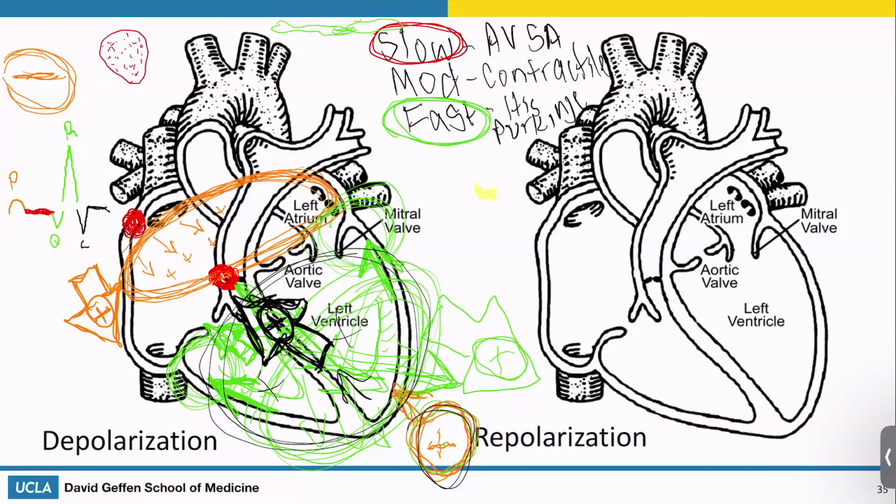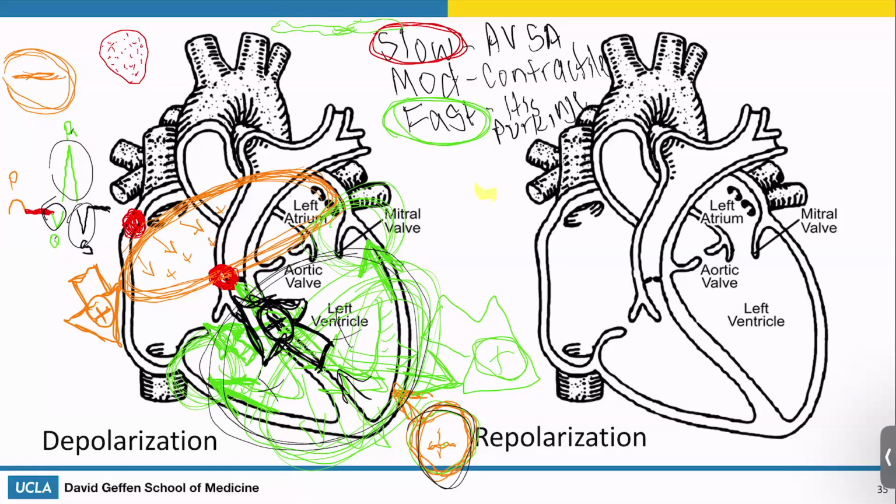Sorry, I forgot to write that: this is our S wave. So now guess what we have? QRS. This whole complex is our QRS complex. It has our septal, major ventricular, and basilar depolarization, so all of the ventricle. And now that it's depolarized, it's going to sit at a depolarized state until it repolarizes.